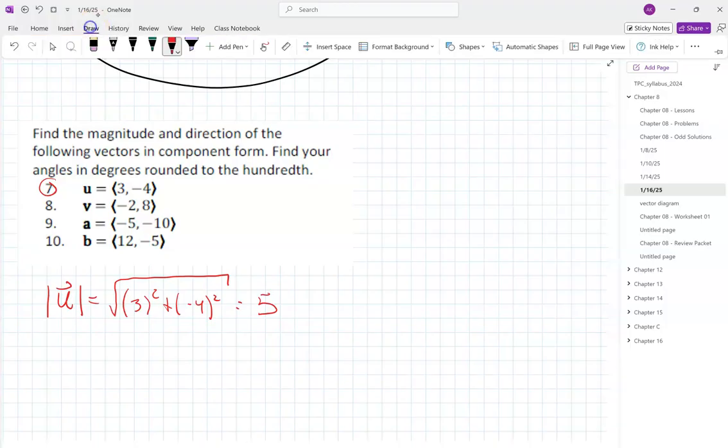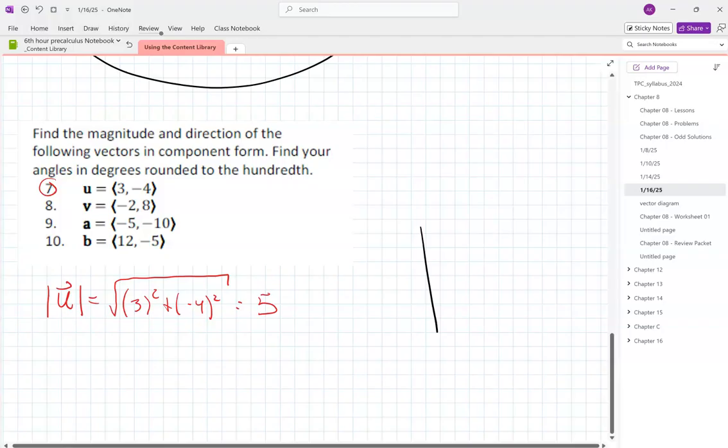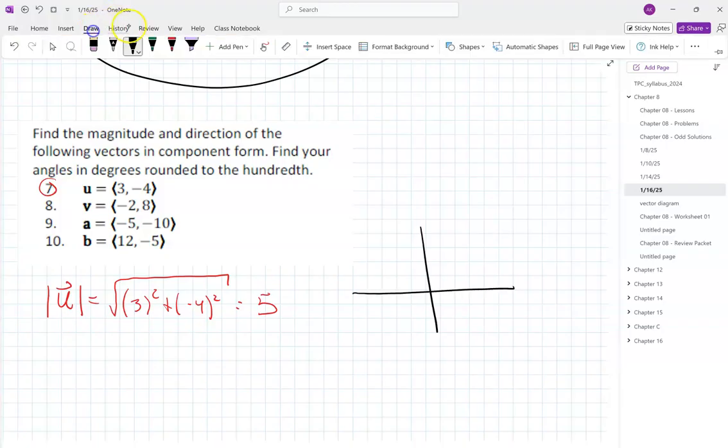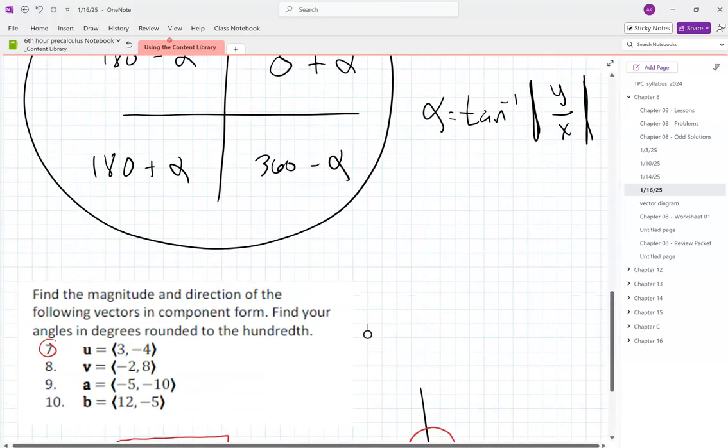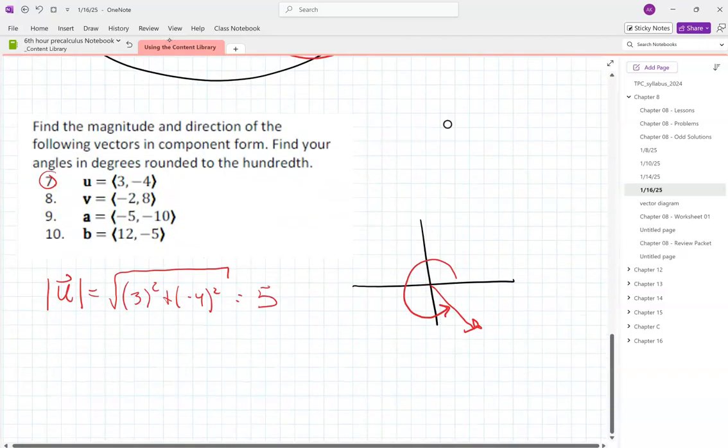And then to do the direction piece, I'm going to plot my vector. So it's 3 over and 4 down. So it'd be like down here. So I'm going to do that one because I'm in the 4th quadrant.